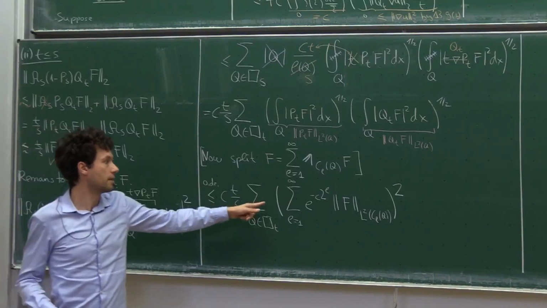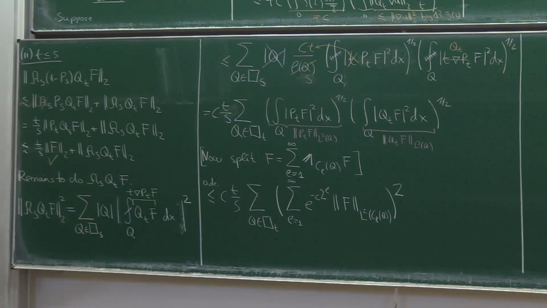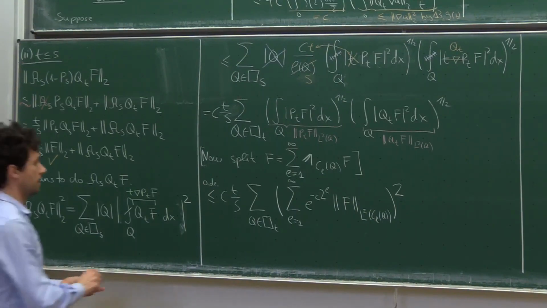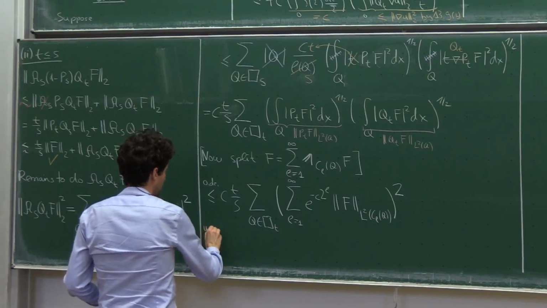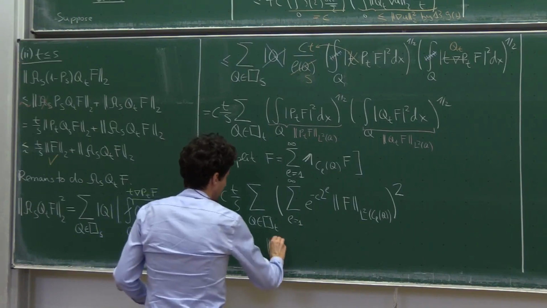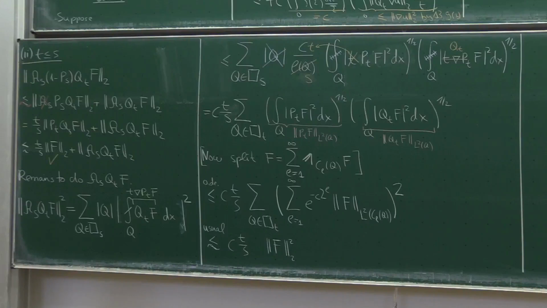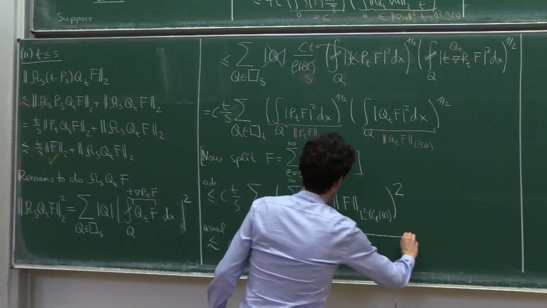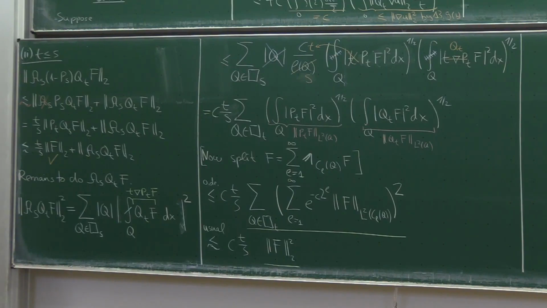In conclusion, this whole expression with all of the intertwined local L2 norms on these cubes will be controlled by the usual argument, by the global L2 norm of f. The usual argument says that this is less than T s times f in L2 squared. The usual argument is just that this term is controlled by this term. It's the same one as in lecture 11 or at the beginning of lecture 13.